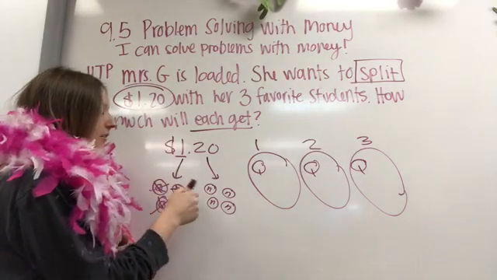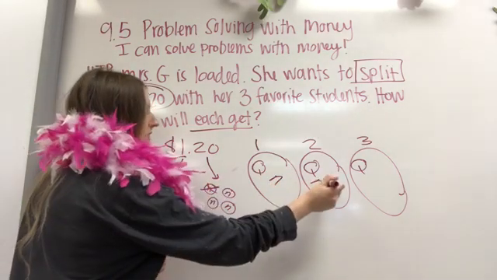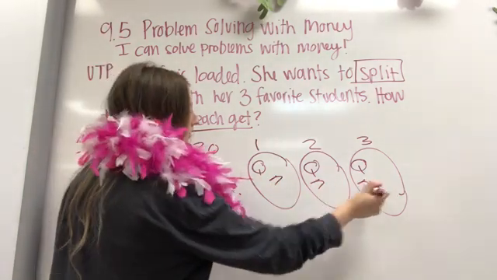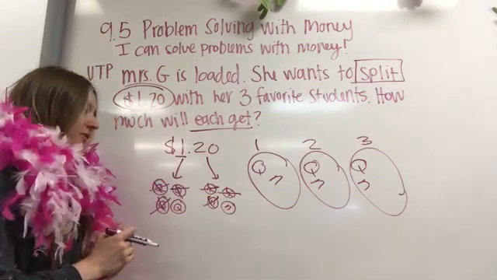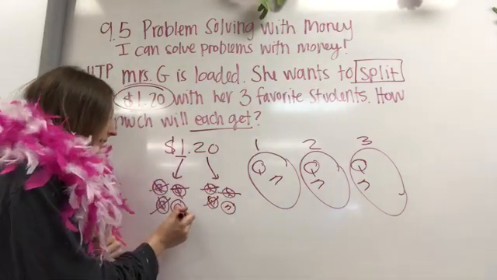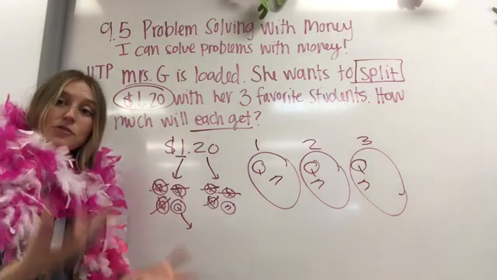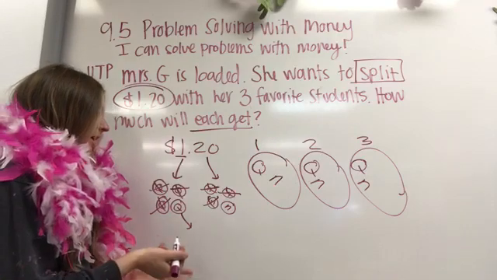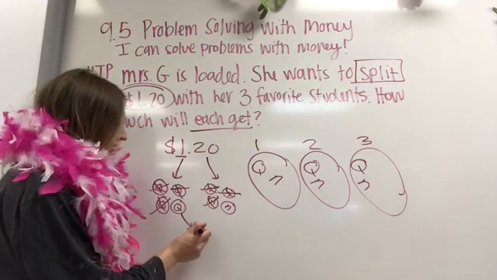Okay, so now let's split up the nickels. So student 1 gets 1 nickel, student 2 gets 1 nickel, and student 3 gets 1 nickel. All right, so now I'm left with a quarter and a nickel. Well, we can take this quarter, and once again, split it up into smaller coins. We could either do 25 pennies, or let's do 5 nickels, because 5, 10, 15, 20, 25.